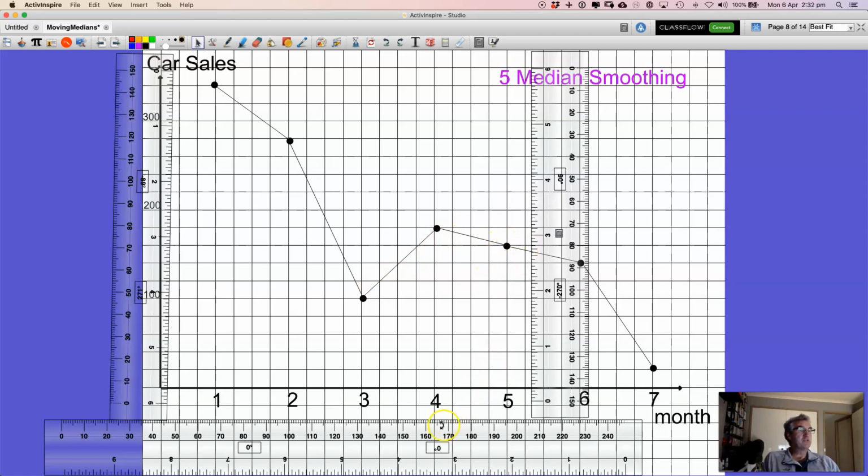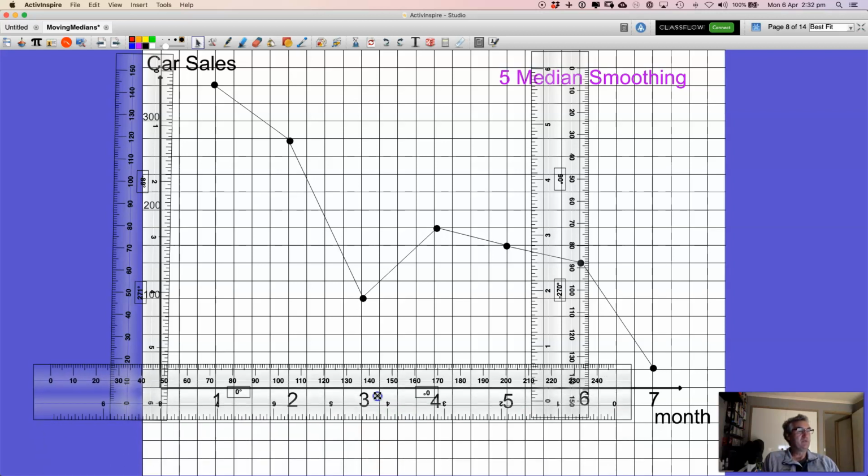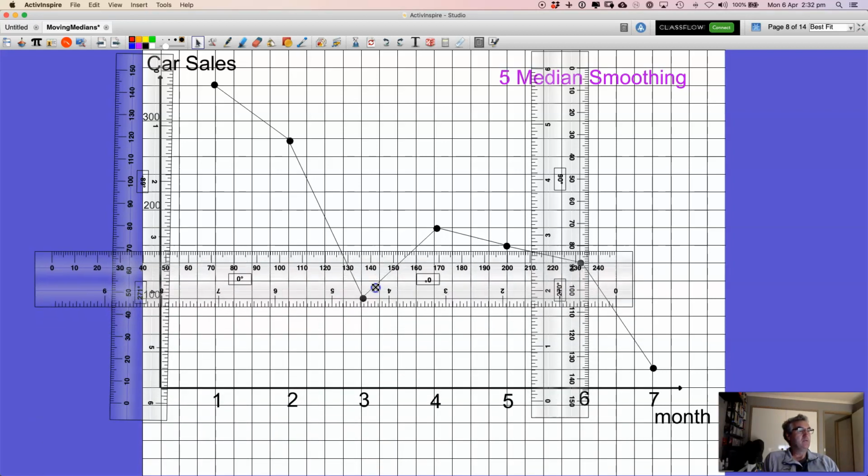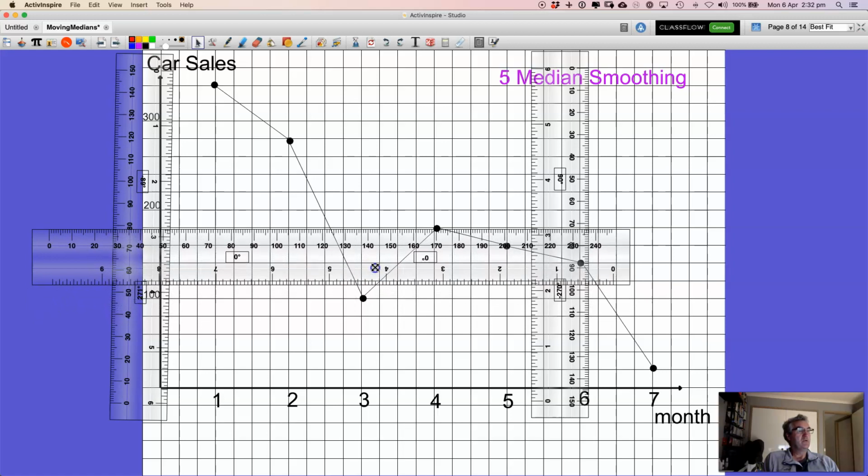This is where you really need to start using your ruler and work your way up and stop when you get to the 3rd point. 1, 2, 3. Okay. There is the median for the first point. Right there.